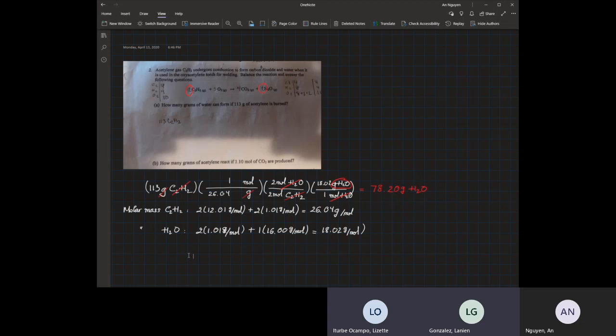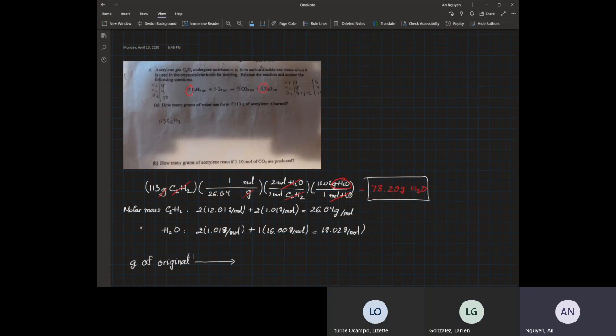Are these steps pretty much the given when we're working out problems like this? It would be similar for this type of problem. If you're given the mass of something, and they're asking for the mass of another on the same balanced equation, then yes, you just convert from mass to moles, and then moles to moles of the other compound using the balanced equation. So you can see that we are given the grams of the original.